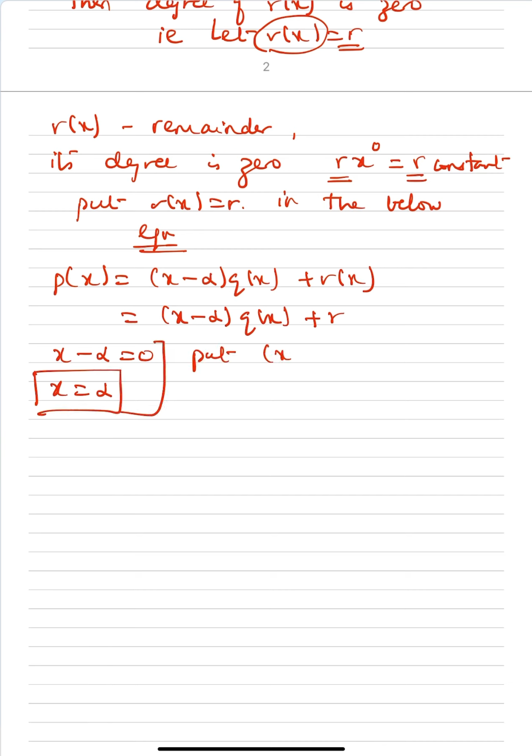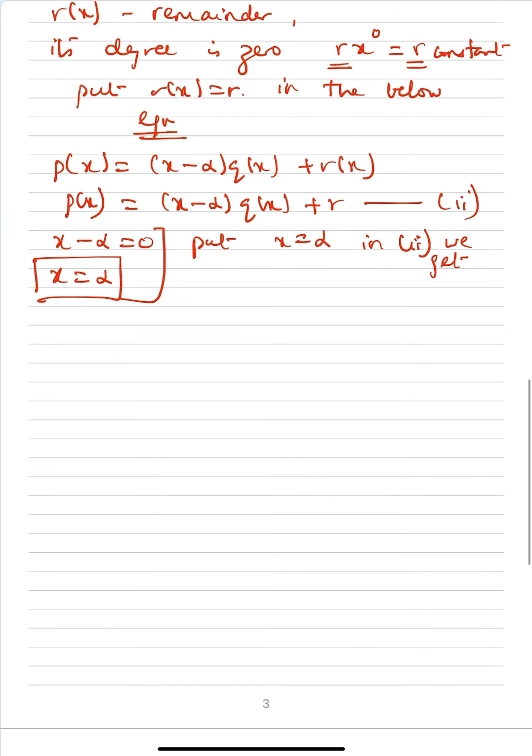Now put x is equal to alpha in 2. So what do we get? P of alpha is equal to alpha minus alpha into q of alpha plus r. This is equal to 0 plus r.